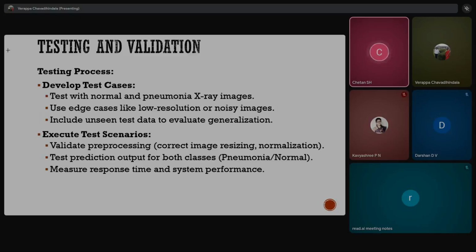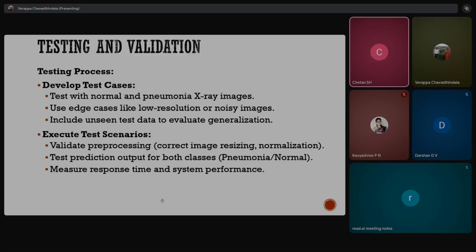In developing test cases, we use both normal and pneumonia X-ray datasets. These images include blurry or noisy images to check the model efficiency. Unseen test data is used to evaluate the accuracy and generalization of the model.